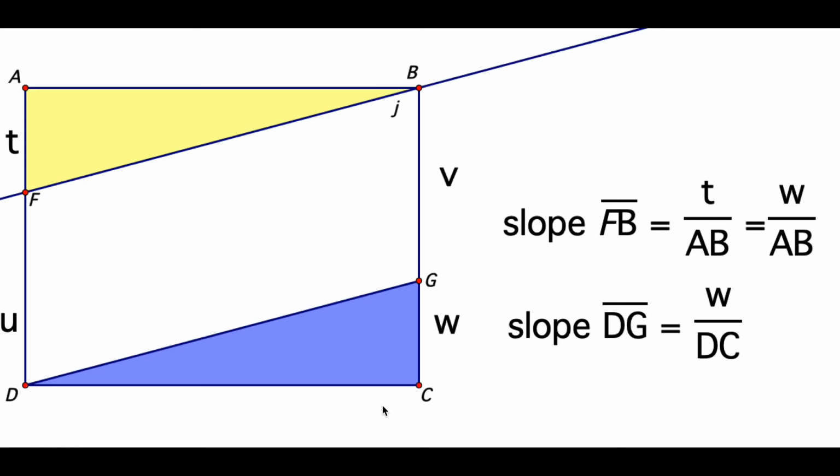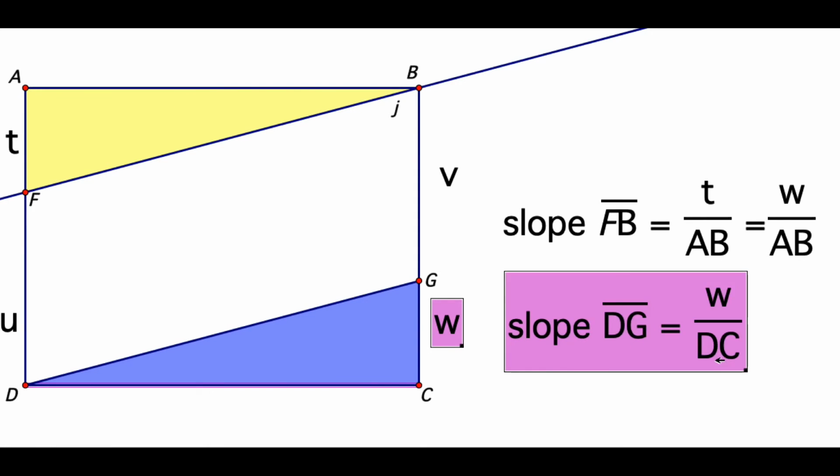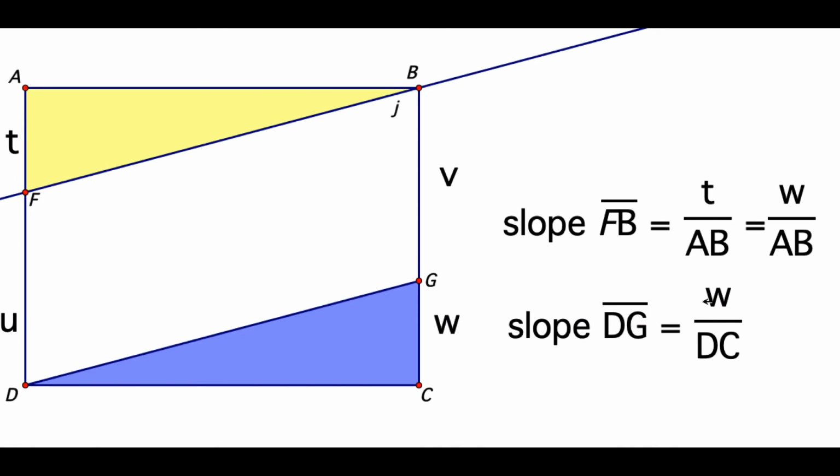Looking at the slope of line DG, I can again come back to my triangle and look at rise over run. Well, my rise component is W, my run component is DC, W over DC. Now, the same way that I did before, substituting, I know that DC is the same thing as AB. So let's substitute those two.